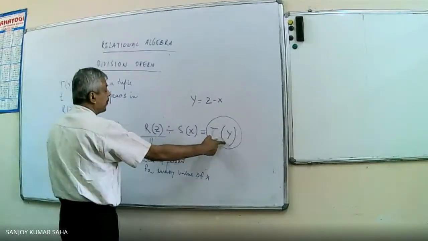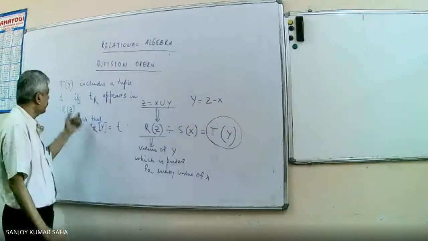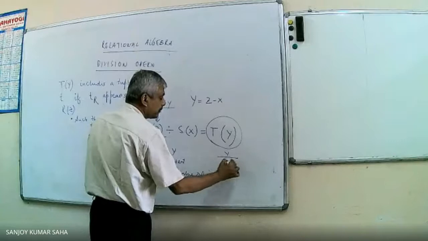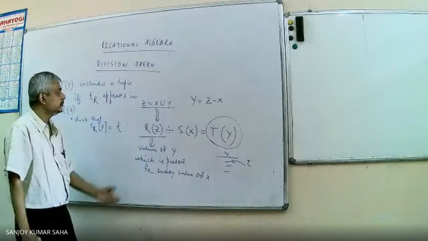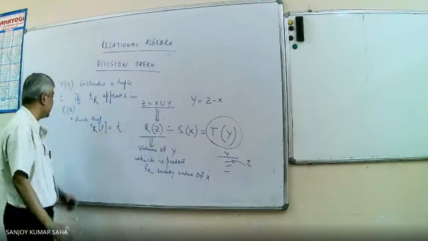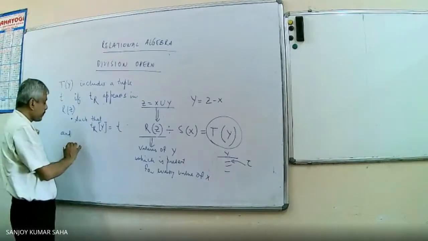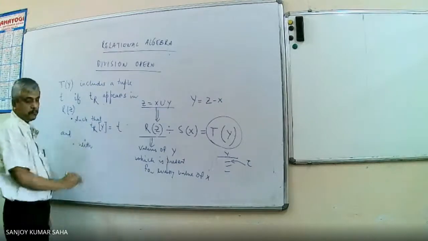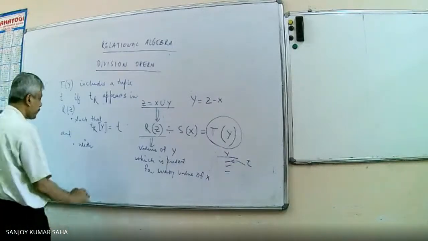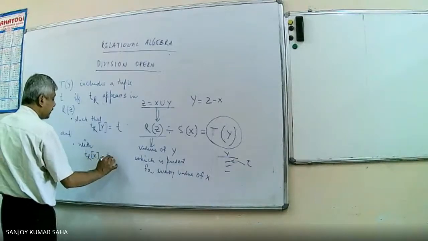See, T has the schema Y. Here, the schema is Z, which is nothing but X union Y. So this part says that we'll have a tuple T here, such that here there is a tuple with T, and not only that, with tr[X] equals ts.